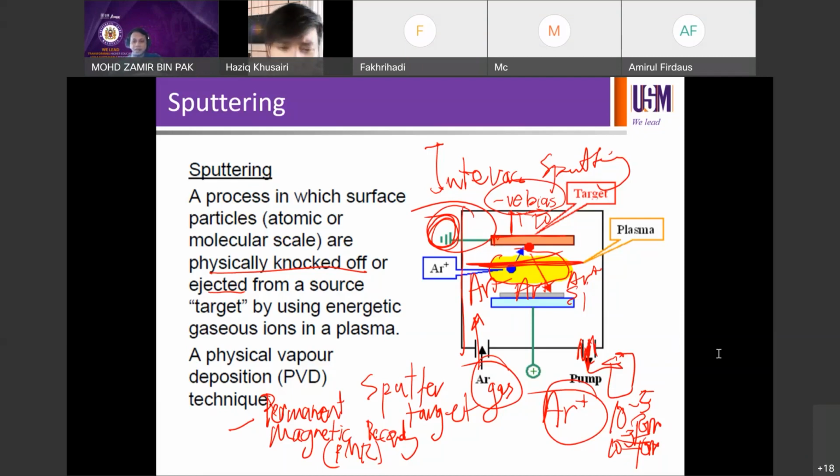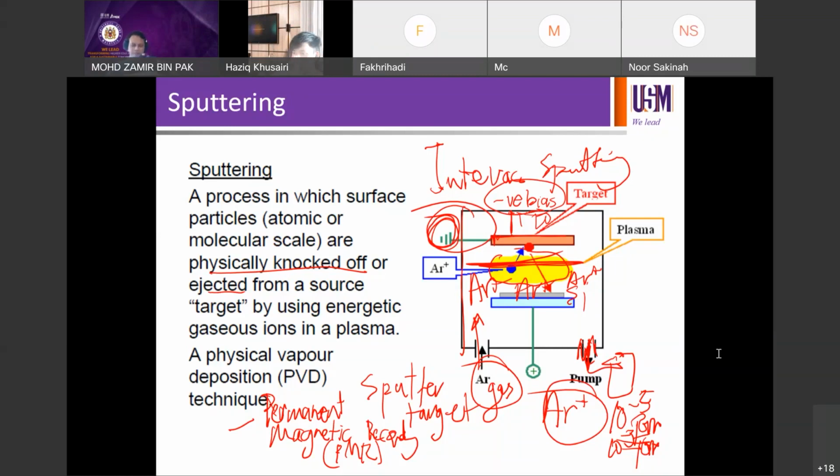Ion pergi ke target, yes. Ion pergi target, so jadi apa? Sakinah. Ion pergi target. Okay, kenapa ion pergi ke target? Sakinah, you can unmute yourself if you want to. Ion tu dia pergi dekat target. Okay, sebab apa sebab dia pergi ke target? Dia attracted oleh ion positif. Right. Okay, tu okay.